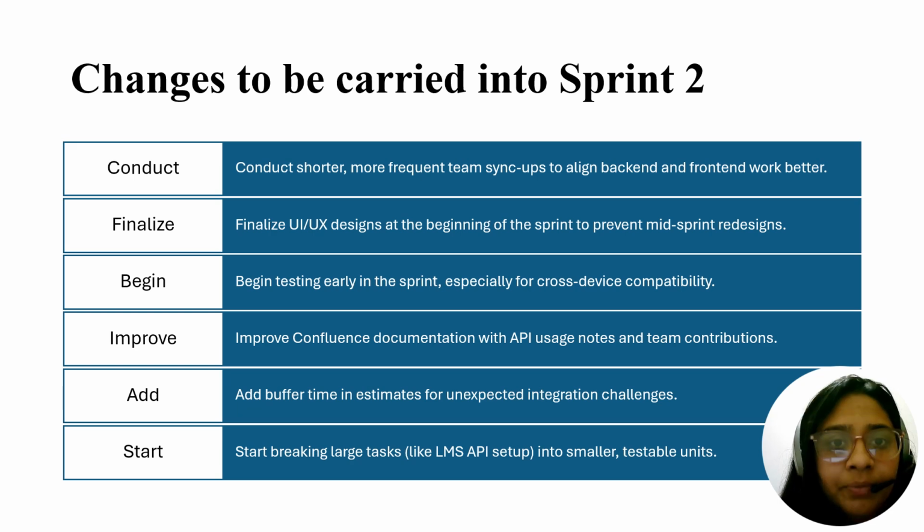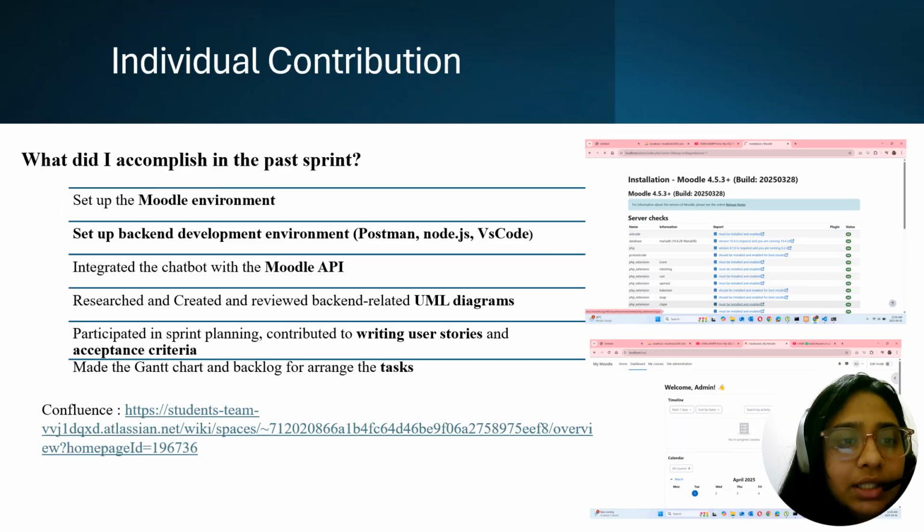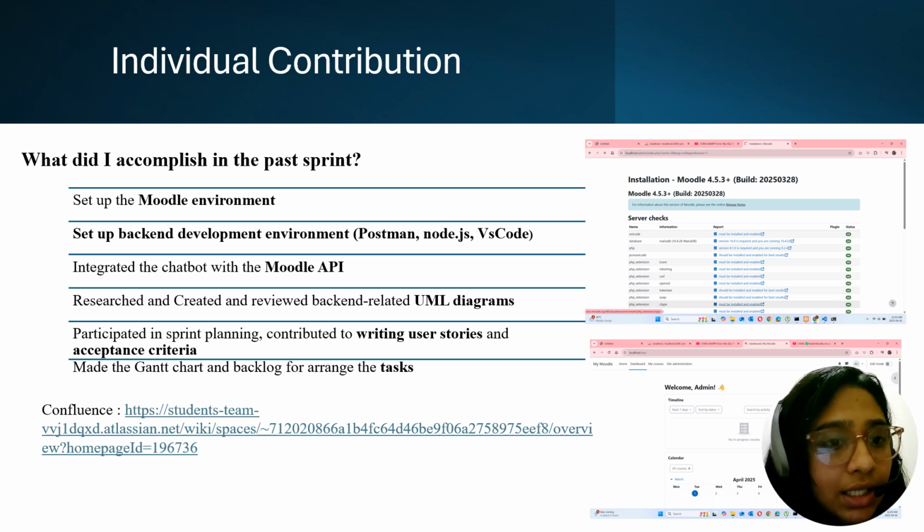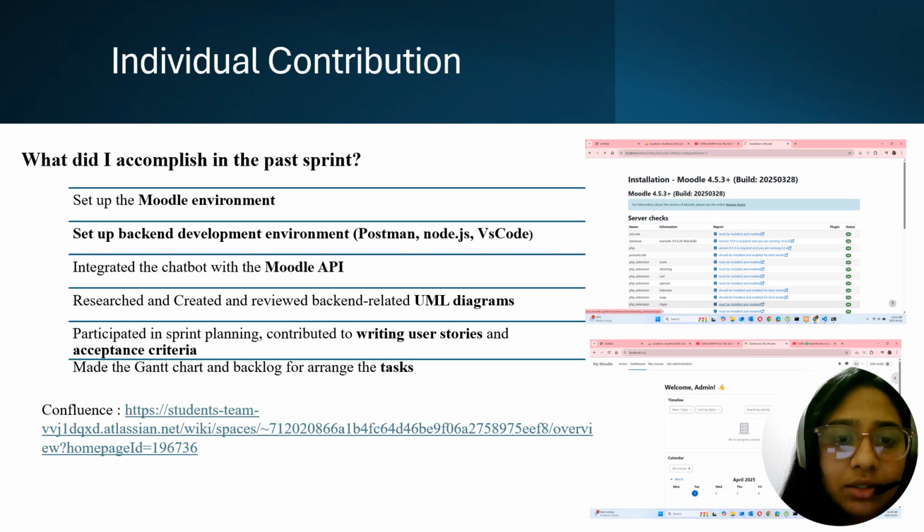So this is my individual contribution in Sprint 1. I set up my module environment with all the integrations, and I set up my backend development environment like Postman, Node.js with VS Code, and GitHub as well.